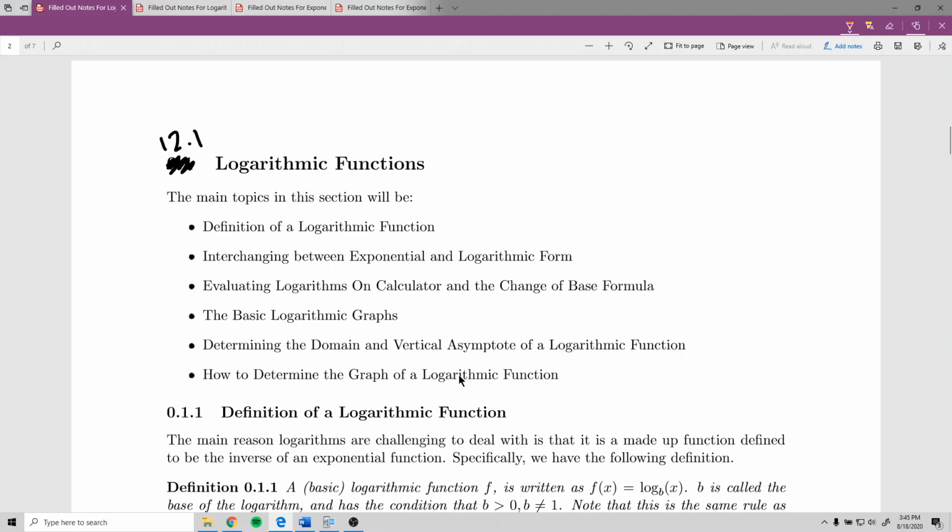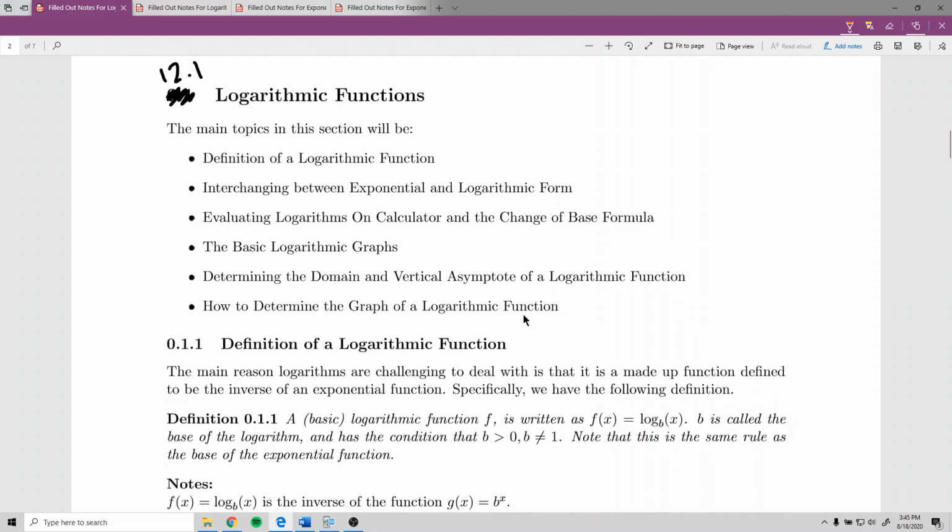It'll always have one of those. And then lastly, how to actually determine the graph of a logarithmic function. Once again, a lot of little things, but it's not too terribly much.